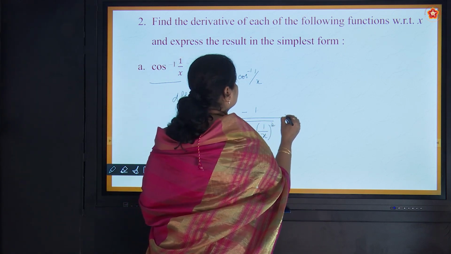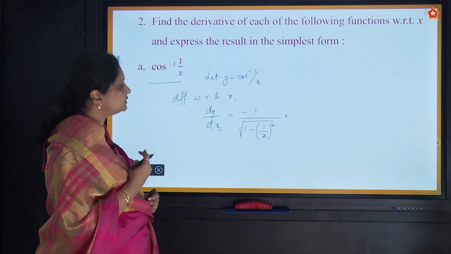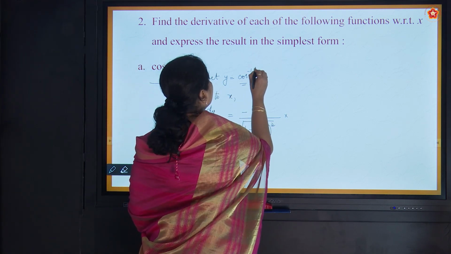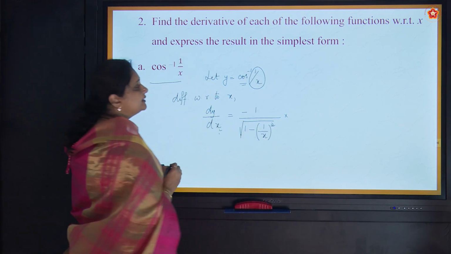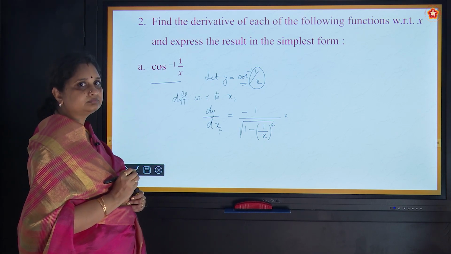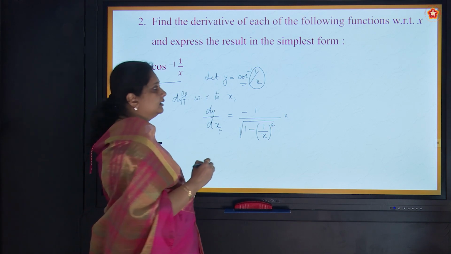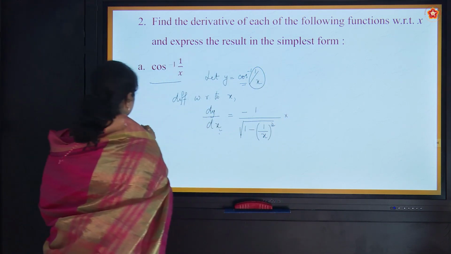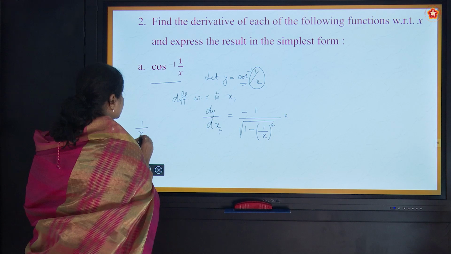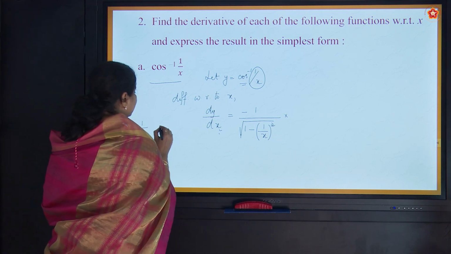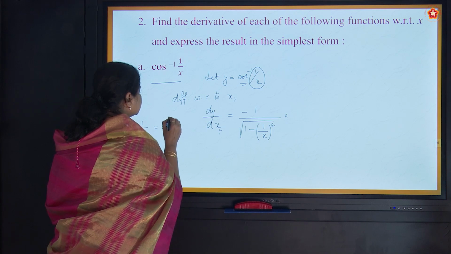Now, am I done with my differentiation? No, I need to use the chain rule, because if you see, the outermost function is an inverse function and the inner function is an algebraic function, a rational function rather. So now how do I do that? Now I need to differentiate 1 by x. I'll give you an easier way. 1 by x can be written as x power minus 1.